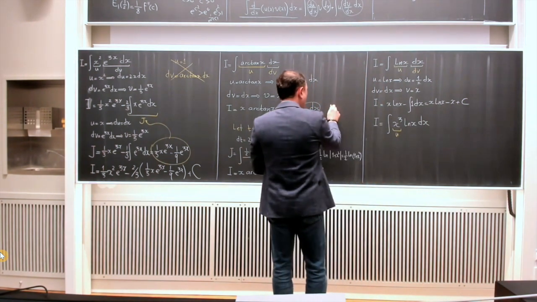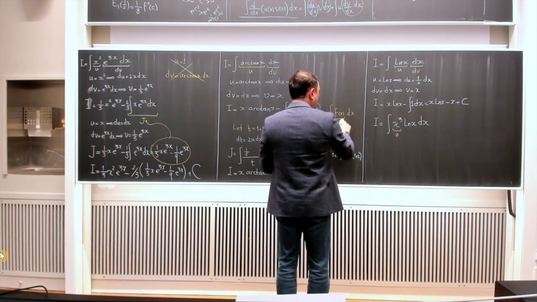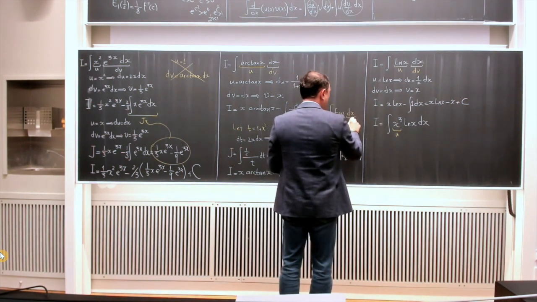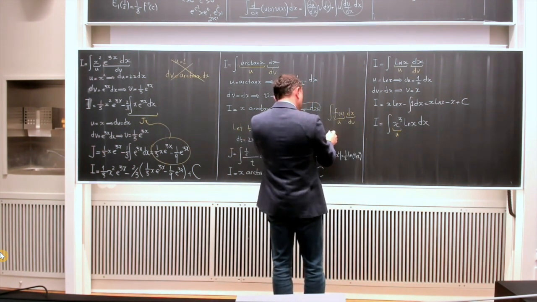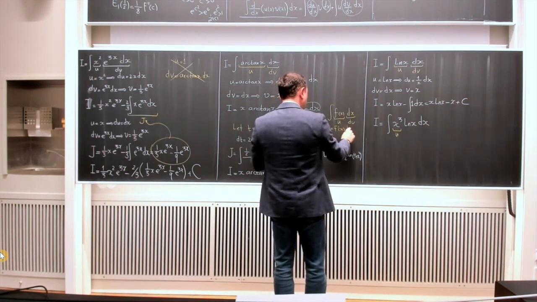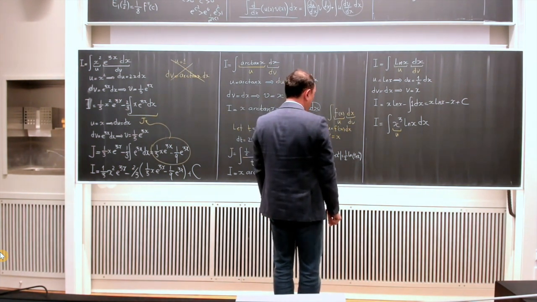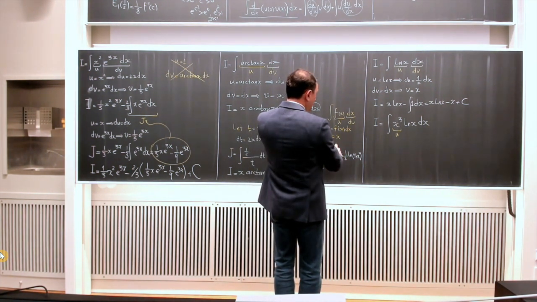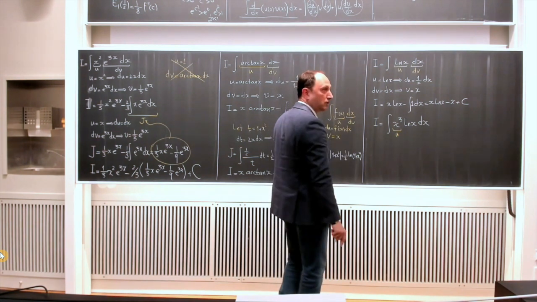Why? Because if I want to calculate the integral of f of x dx, and I take the whole thing to be u and this one to be dv, then du becomes f prime of x dx, and v becomes x. So you see it is not useful, because then you will have v du, which gives me x f prime of x dx.